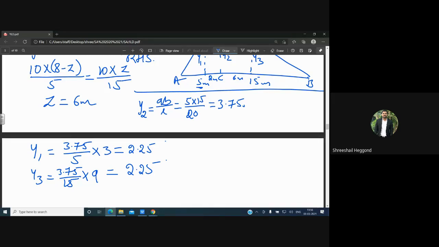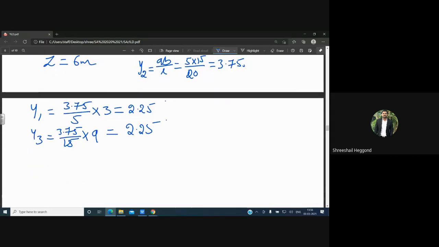Then write the maximum bending moment equation by summation of the area under the load. That can be given as bending moment at C point is equal to W into A, that is applied load into area under the load.